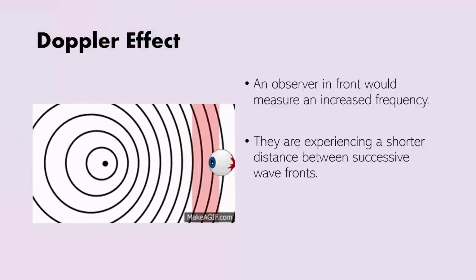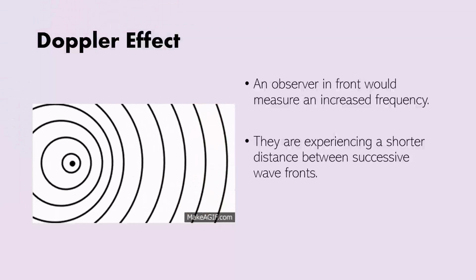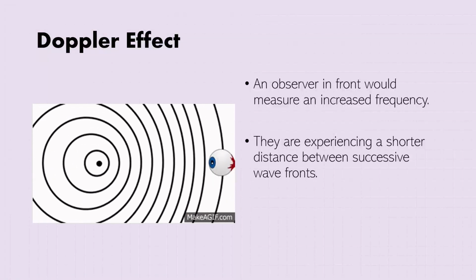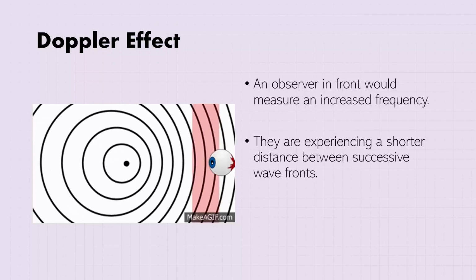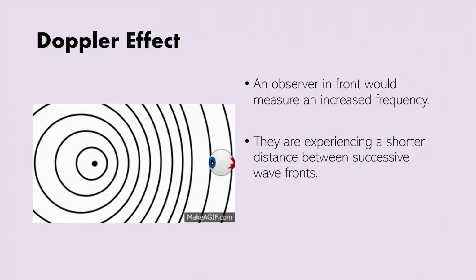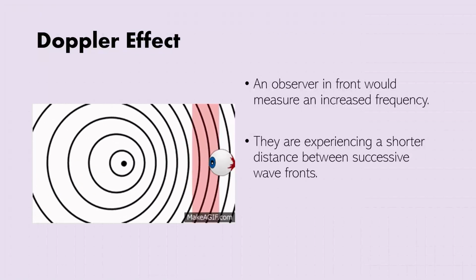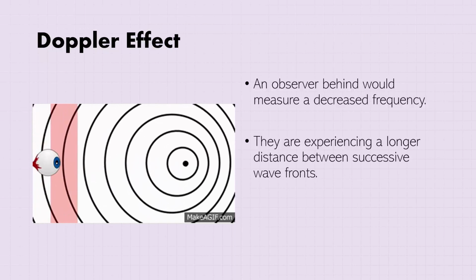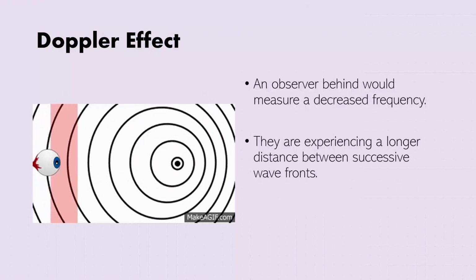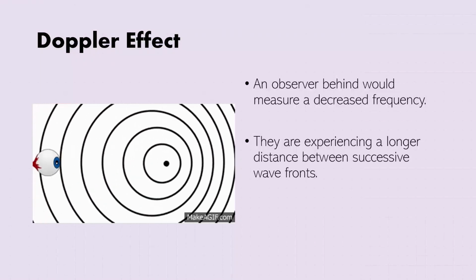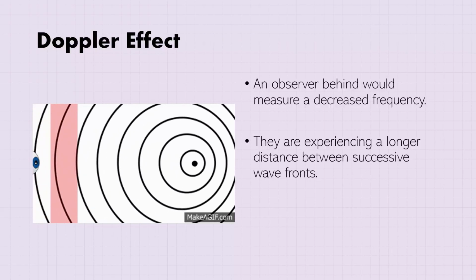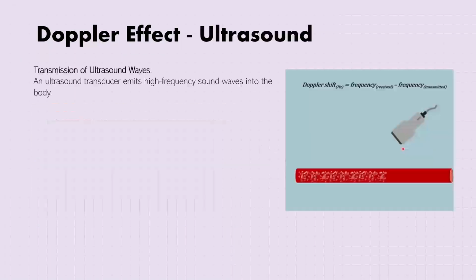So, I think this is funny with the little eyeball. An observer in front would measure an increased frequency because they are experiencing a shorter distance between successive wave fronts. The person behind would measure a decreased frequency because they are experiencing a longer distance between the successive wave fronts.